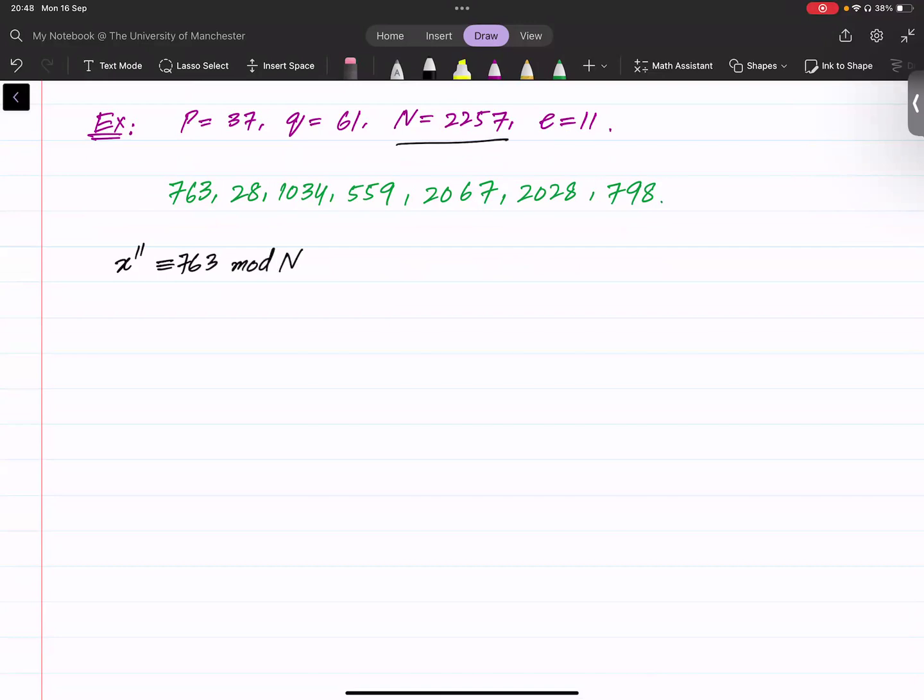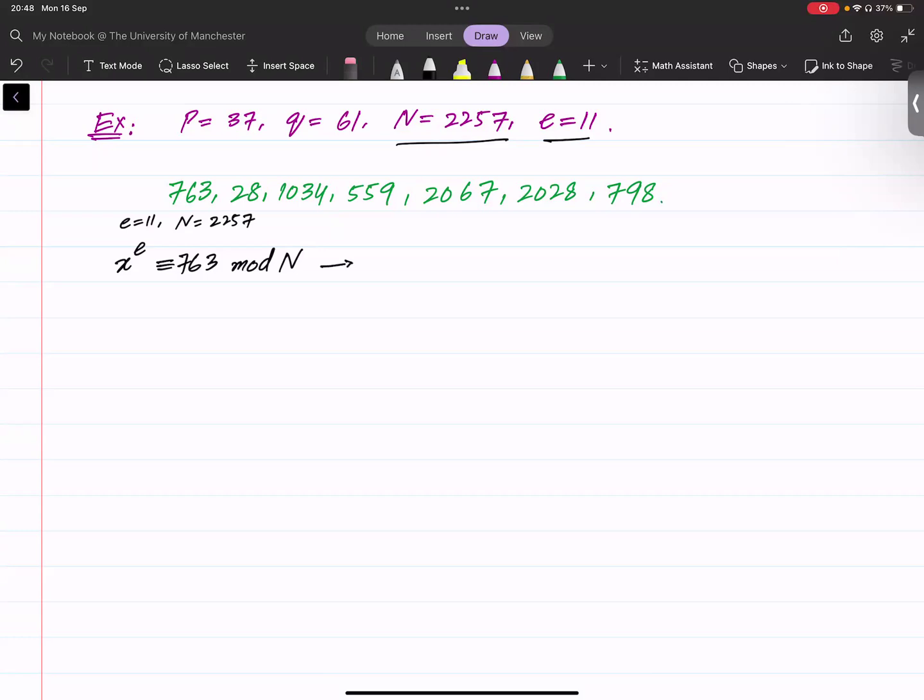We have the value of n, so we will write only n, and we also have the value of e, that is 11. E is 11, n is 2257.